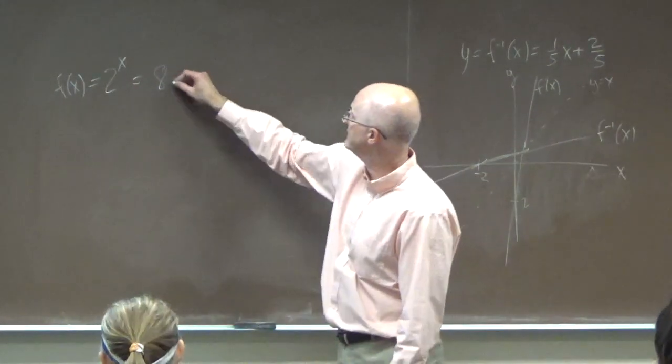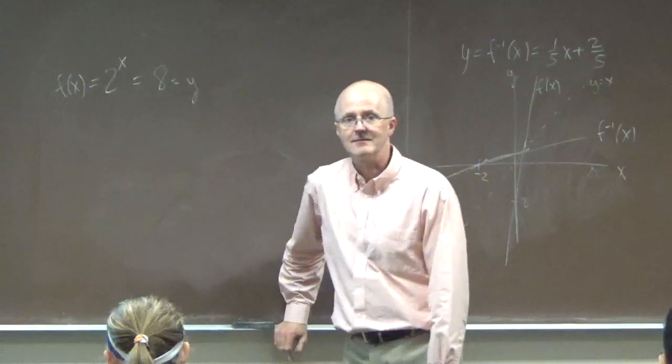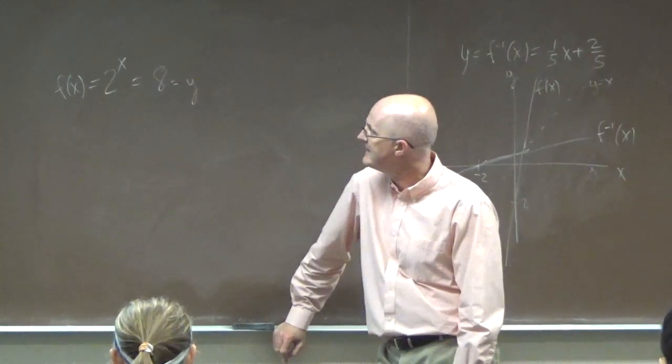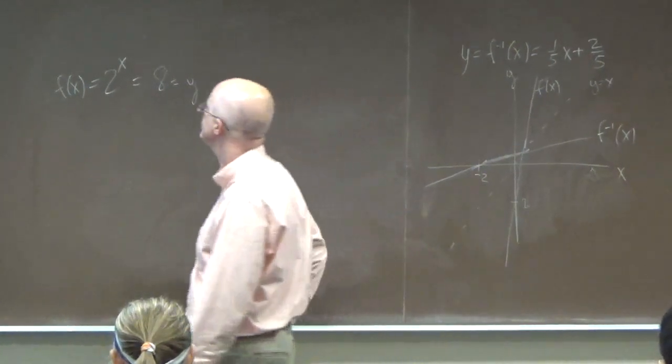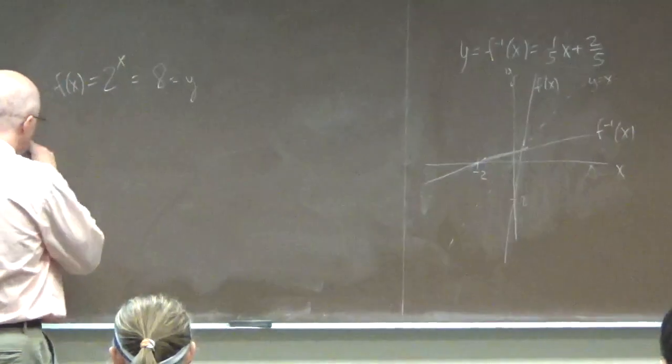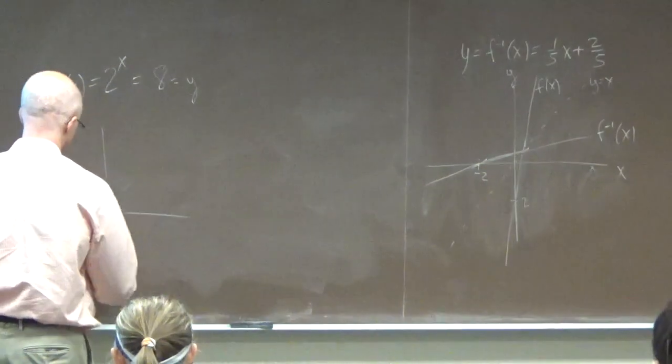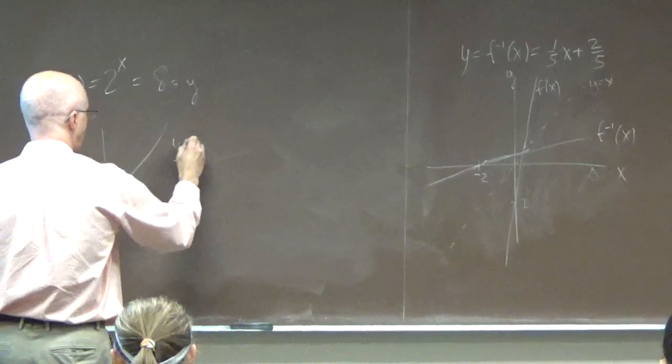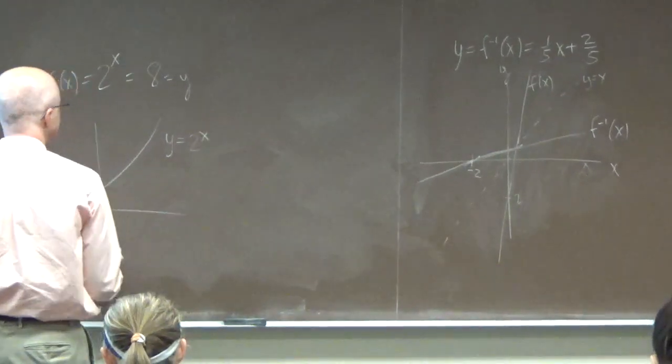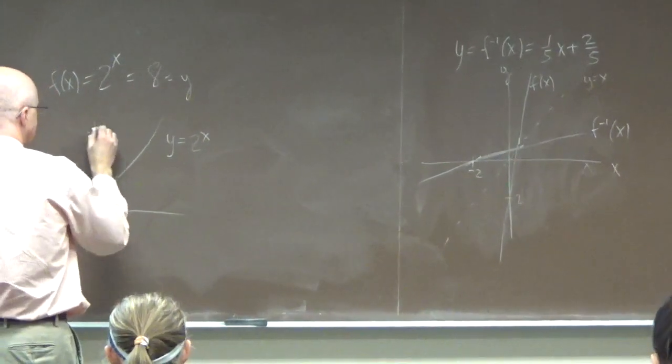What value of x will give me a y, an output of 8? This is the graph of y equals 2 to the x. Here's 8.